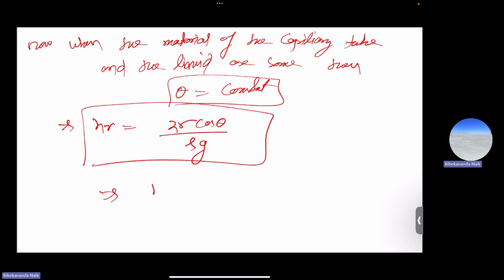So that will give us h r equal to constant. That implies H1 R1 equals H2 R2.